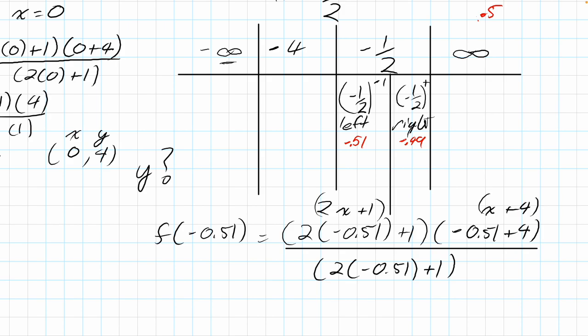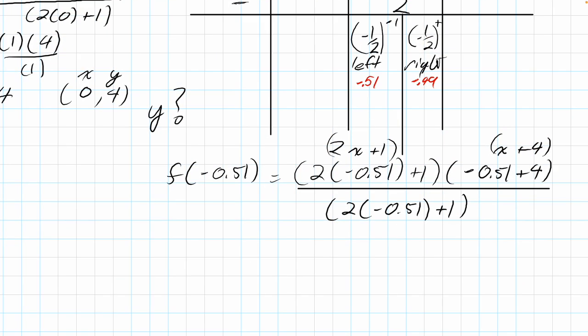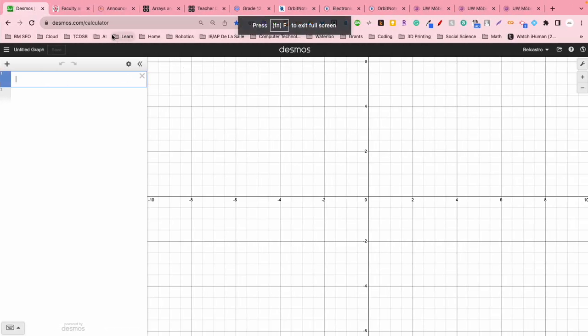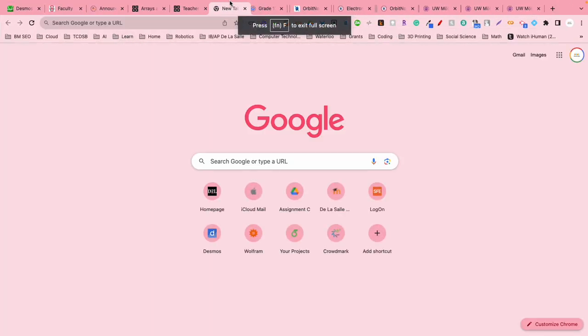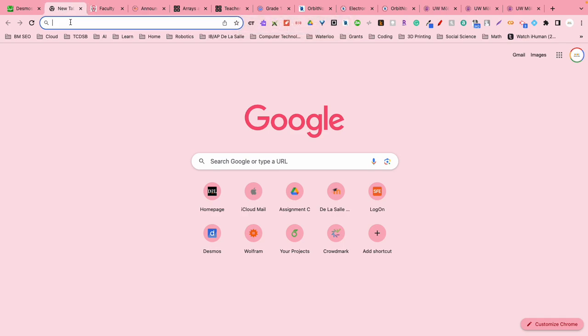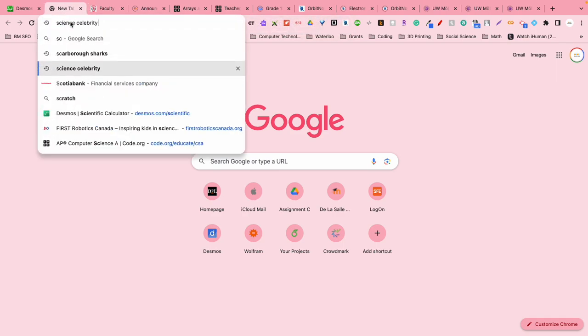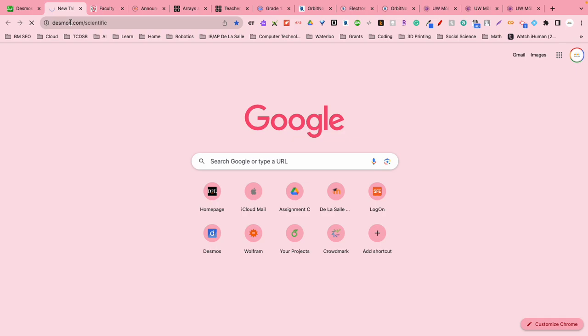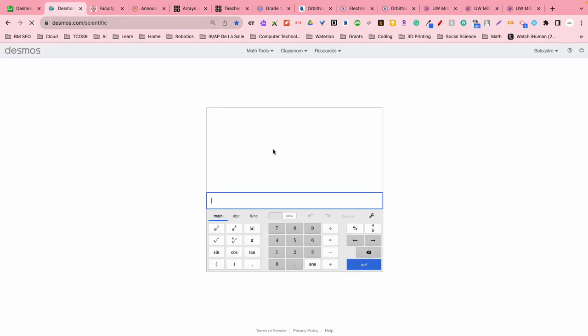We're trying to figure out what this will be equal to. At this point, a calculator is not a bad choice. Let me get us a really quick graphing or scientific calculator. There it is. We're going to put these values in: 2 times negative 0.51, in brackets, plus 1.